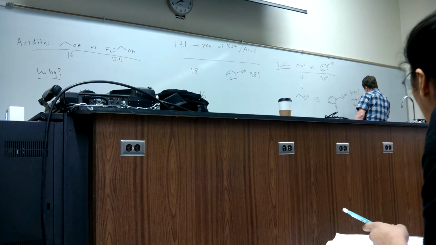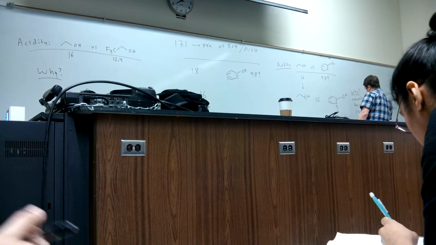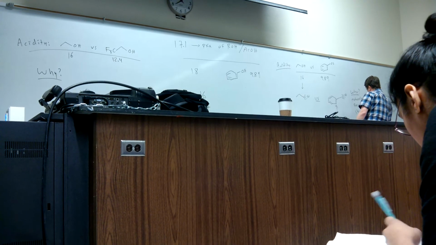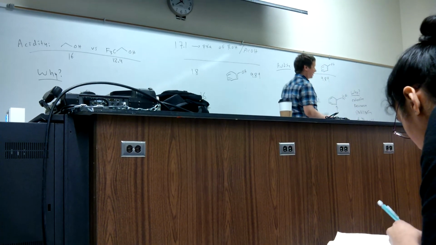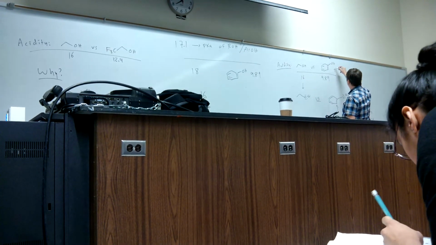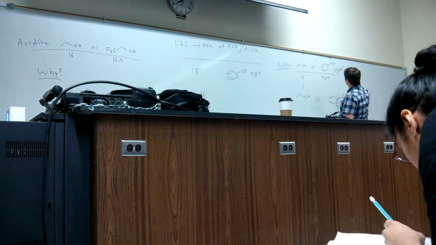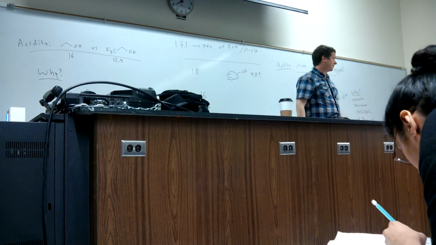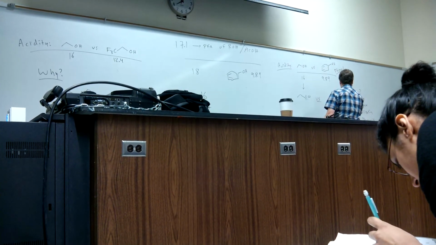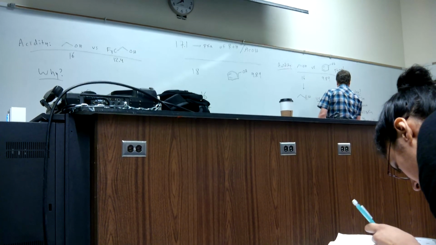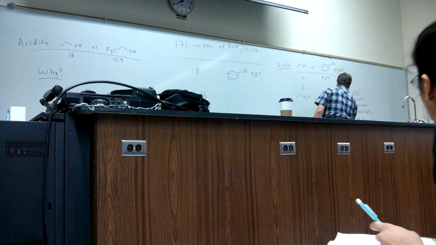Phenoxide. So that thing is called phenoxide. This thing is called phenol. But when you take the proton off, it's called phenoxide. And of course, there's extensive resonance stabilization, right? You can do this one yourself, of course.